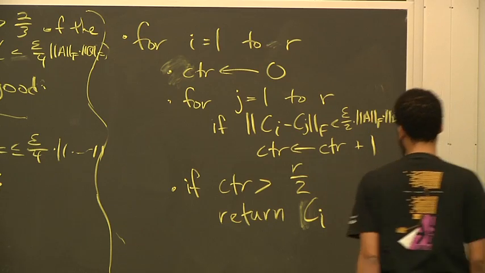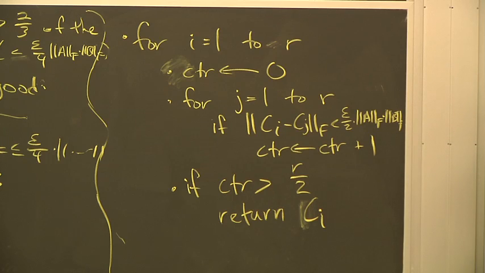Okay, why does that work? Well, the reason is pretty simple. So the analysis: the number of good i is at least 2R over 3, we said. Or actually, we just need that it's bigger than R over 2.